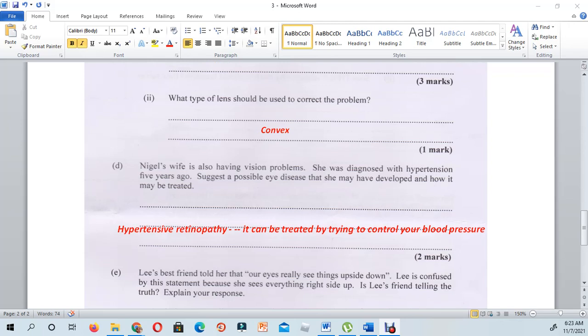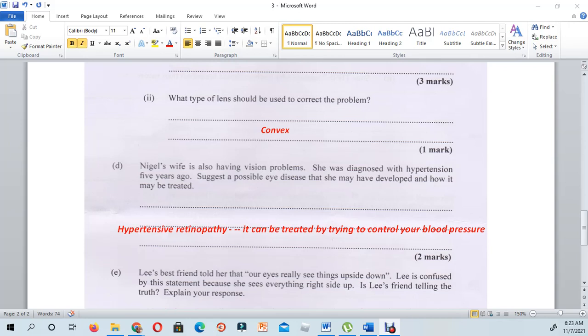Nigel's wife is also having vision problems. She was diagnosed with hypertension 5 years ago. Suggest a possible eye disease that she may have developed and how it may be treated. So the disease is hypertensive retinopathy, right?